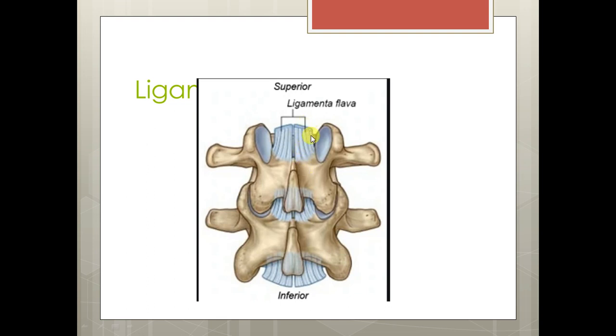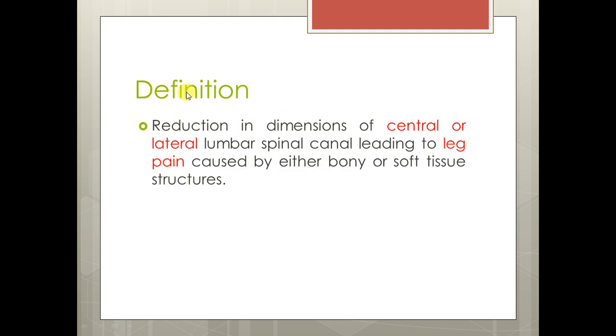So you have bony causes of stenosis, any osteophyte in any area, and you also have ligamentous causes, mainly the ligamentum flavum. Also, the capsule around the facet, around the superior and inferior articular processes, could be hypertrophied and decrease the space. So spinal canal stenosis is a reduction in the dimensions centrally and laterally, causing what is called neurogenic claudication.